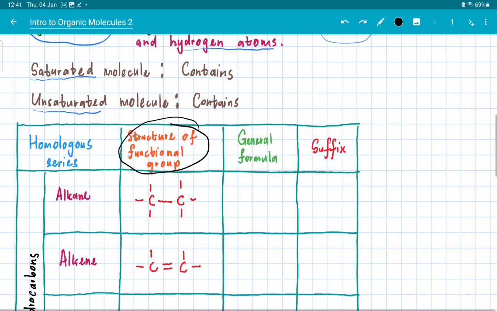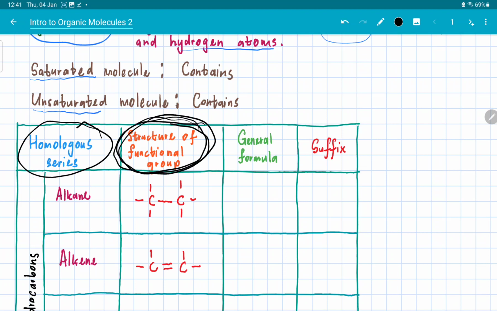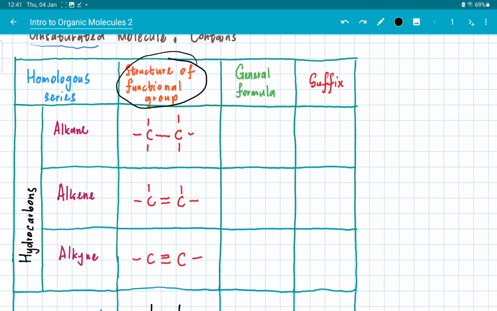Remember, if you belong in the same homologous series, you must have the same functional group, but also the same general formula. So let's tackle the general formula. The general formula for alkanes, if you remember, is CnH2n+2. And the suffix: look at the word alkane, it ends with A-N-E.